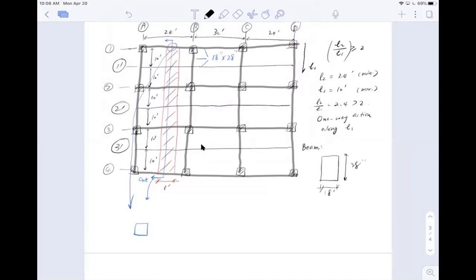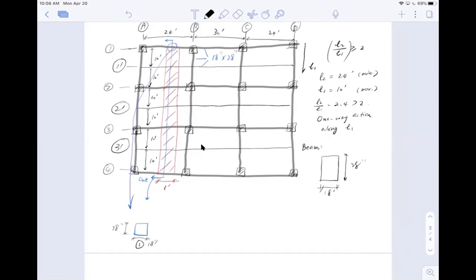Now here what I have showing is the beam. This is actually grade 1. So 28 is right here, 28 inches, and 18 is right here, 18 inches.